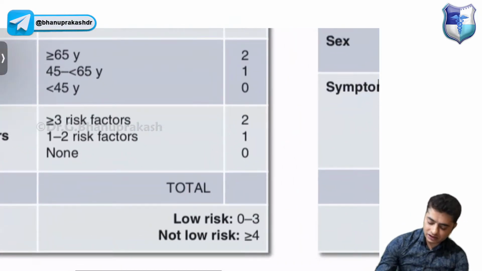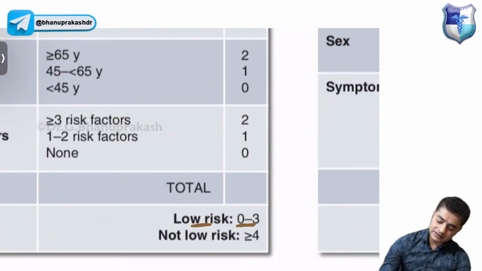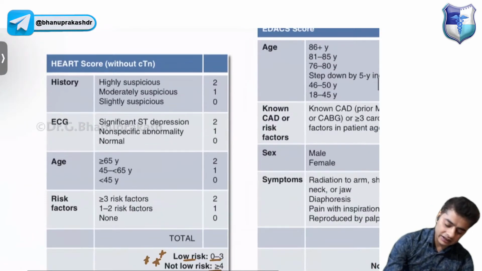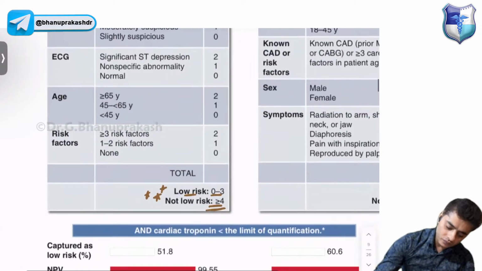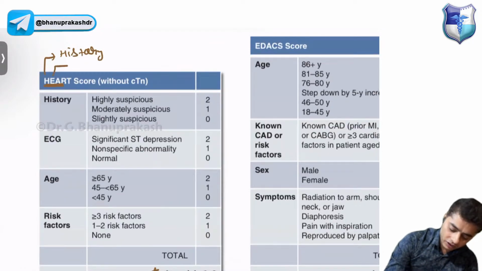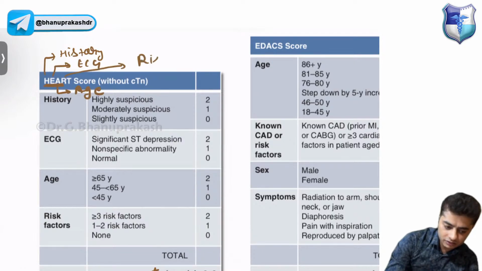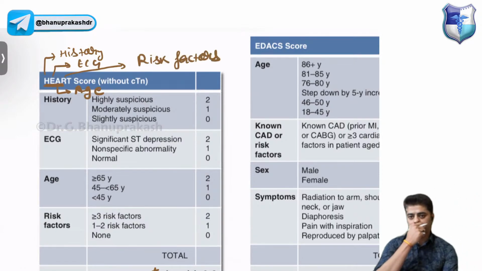And HEART score is low risk when it is between 0 to 3, and it is high risk if it is greater than 4. Okay, so this is a score we commonly use in our emergency setting, that is HEART score. Easily you have to remember, H stands for history, E stands for ECG, A stands for age, and R stands for risk factors. Okay.